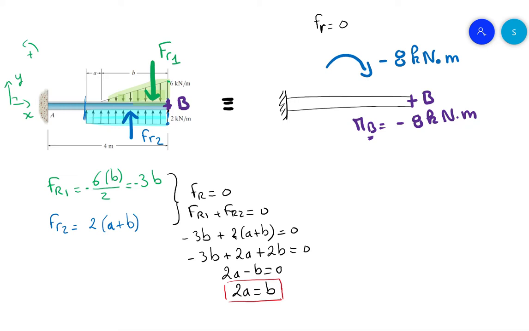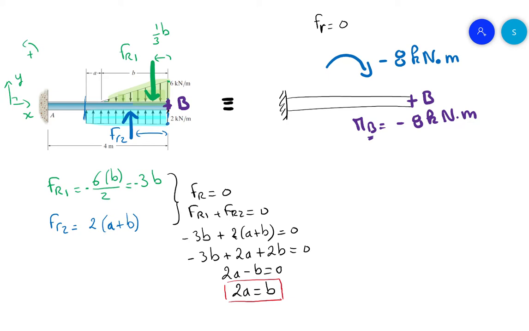So now let's work on the left side. On the left side, let me write it there. From B, the distance from B of the force FR1 is 1/3 of the total length of the triangle, so 1/3 of B. For FR2, the distance is half of the total length of the rectangle.